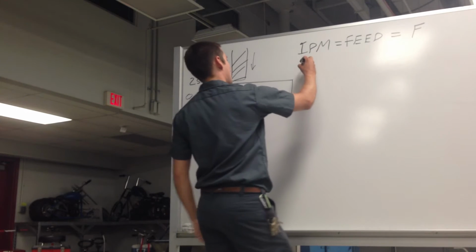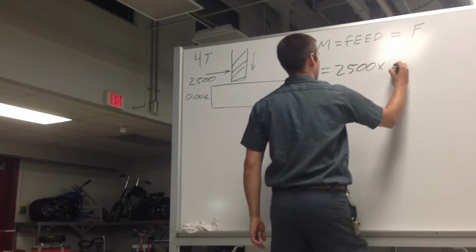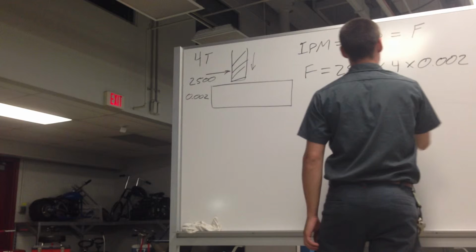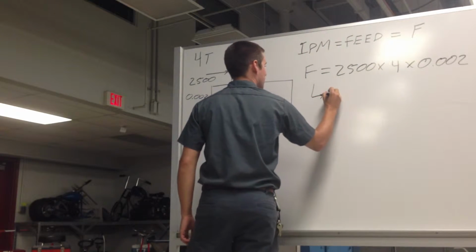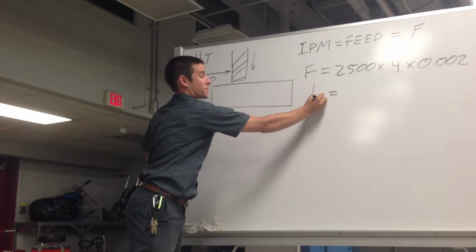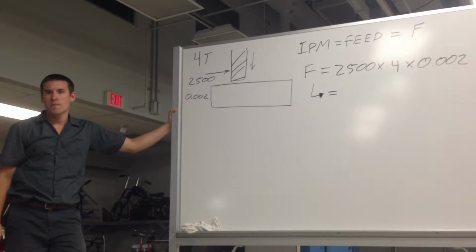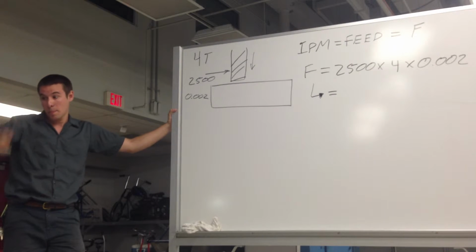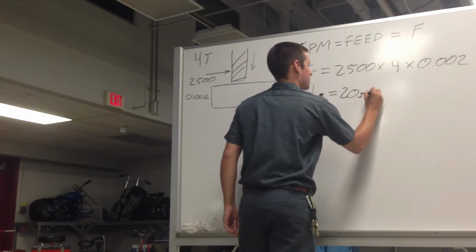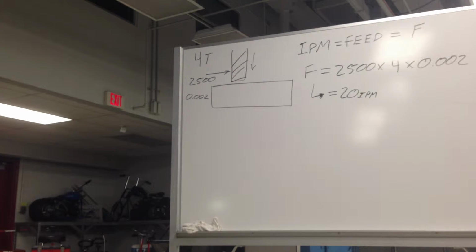So you just multiply them all together. So F equals .002 times 4 times 2,500, and that equals 20 inches per minute. That's totally believable. Those are some solid numbers right there.